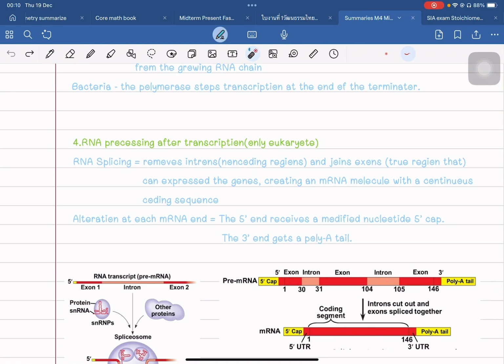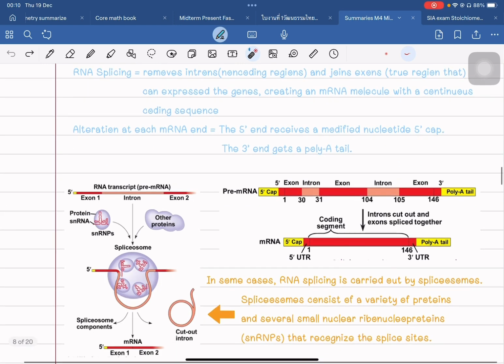Alterations at each mRNA end. So at the 5' end, they will receive a modified nucleotide, the 5' cap, while the 3' end gets the poly A tail. See? So they're going to cut the introns and join exons together. And then they're going to put the 5' cap and poly A tail.